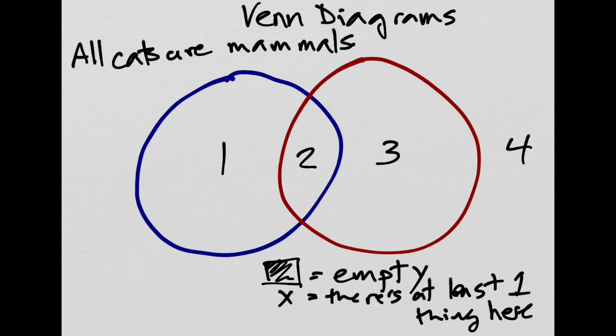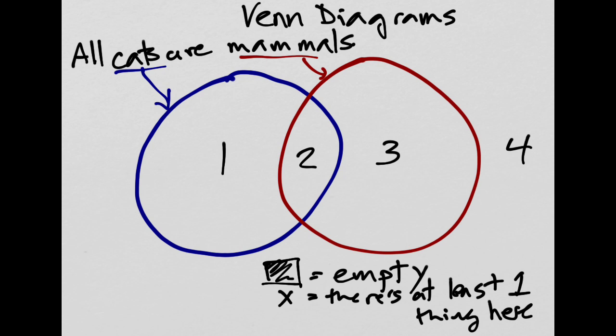And so what you need to know is that the subject term, cats in this case, is going to be in the blue circle, and then the predicate term, mammals, is going to be in the red circle.